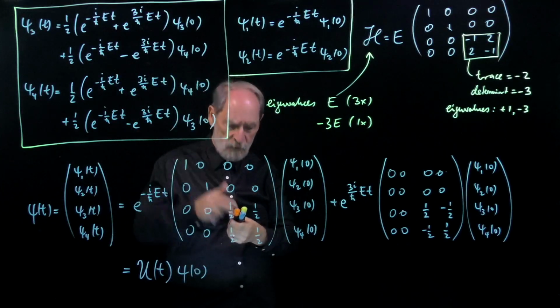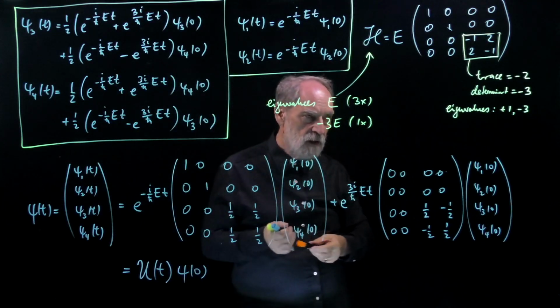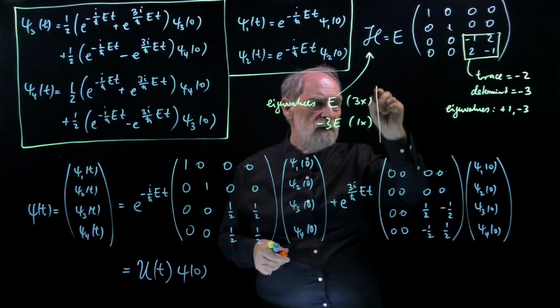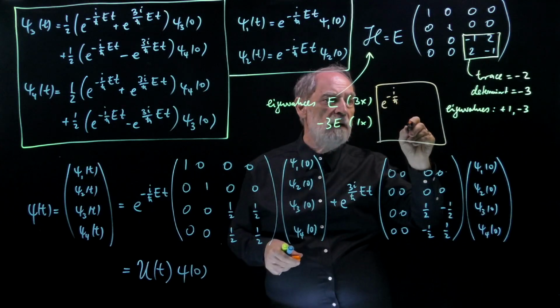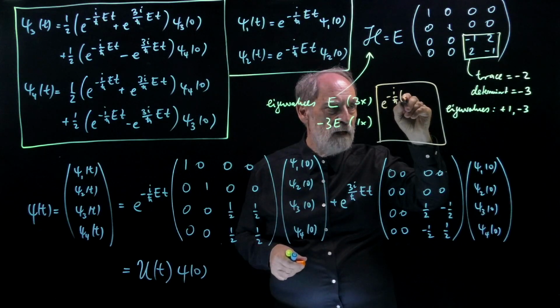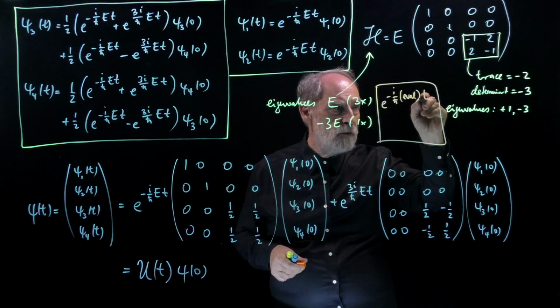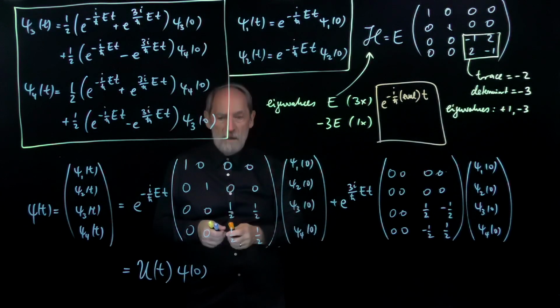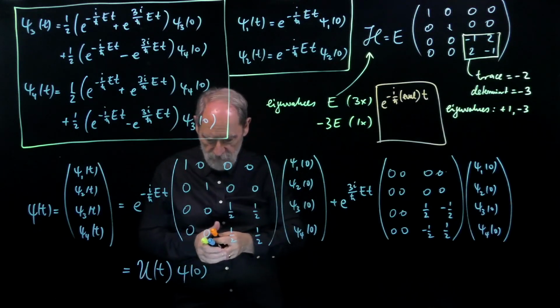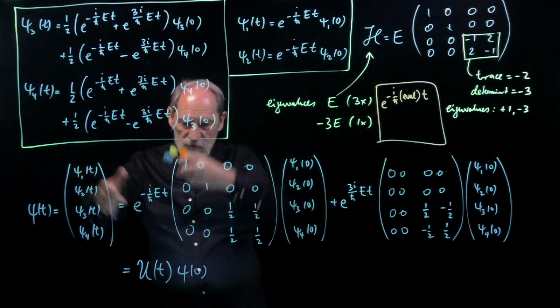Okay? So these exponents are of the form e to the minus i divided by h bar, and then there is an eigenvalue of the Hamilton operator times t. But why is that the structure? Well, let's go back and remember where all of this comes from.